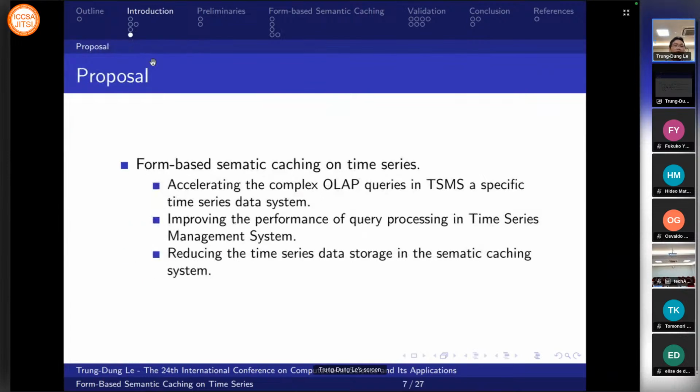With this, we propose a paper on form-based semantic caching on time series, accelerating complex OLAP queries in time series management systems. This will improve the performance of query processing and reduce the time series data stored in the semantic caching system.